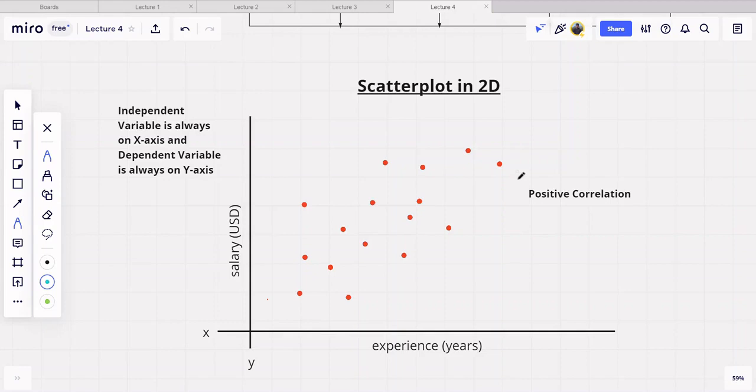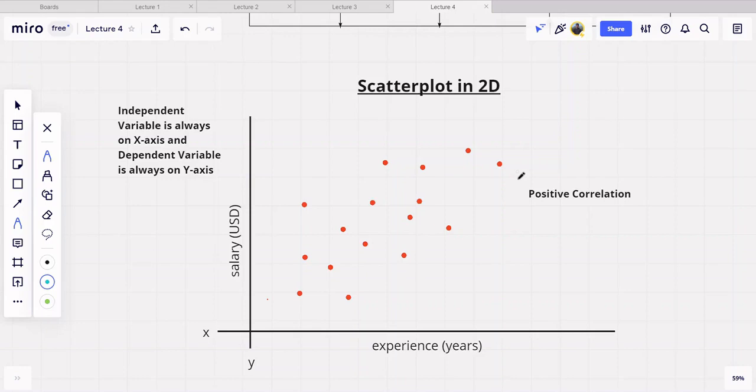So on the x-axis you have one variable, and on the y-axis you have another variable, and we use a scatter plot to find the relationship between these two variables. Also, a quick note: the independent variable is always on the x-axis.